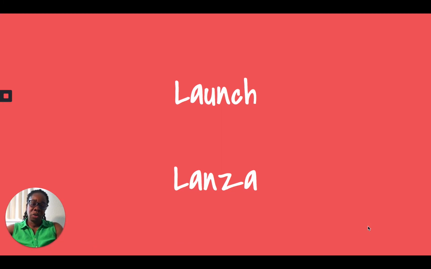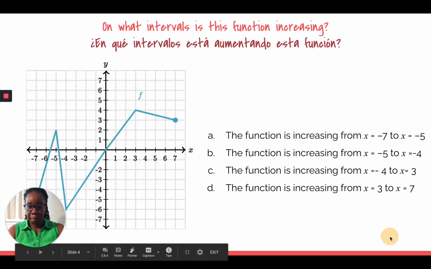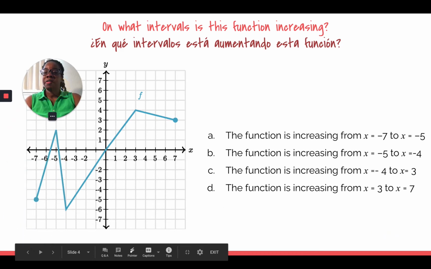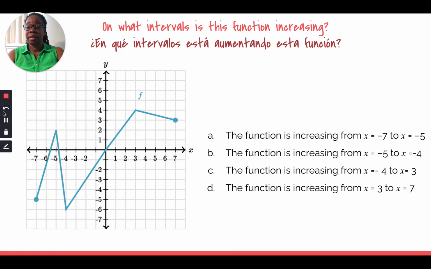So let's get into our launch for today. Let's see how much you recall from your previous lesson. Here is the first question. It says, on what intervals is this function increasing? If we look at this graph, remember that a function increases when, as the x increases, the y increases.